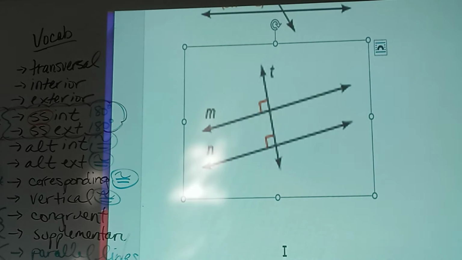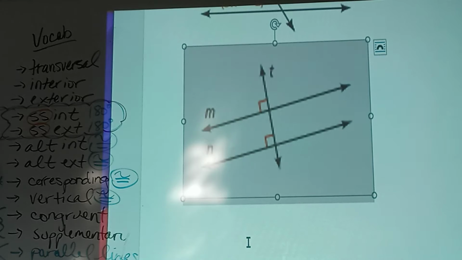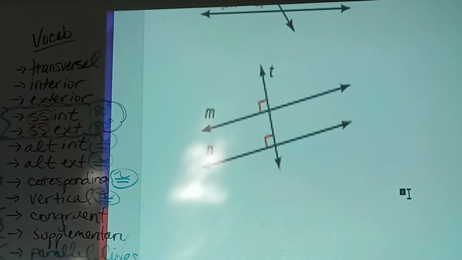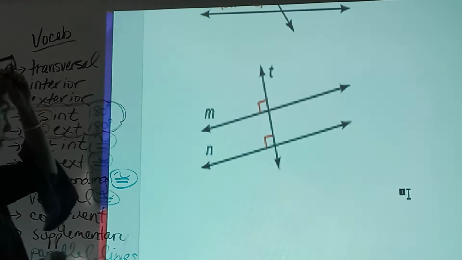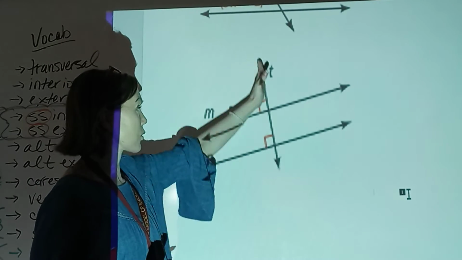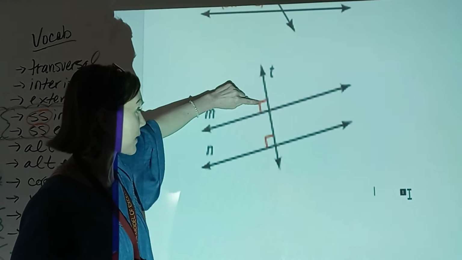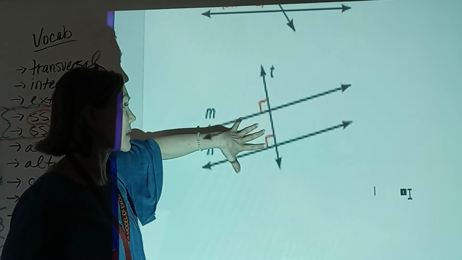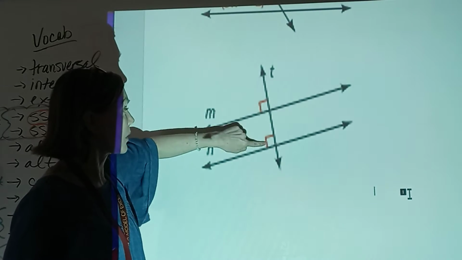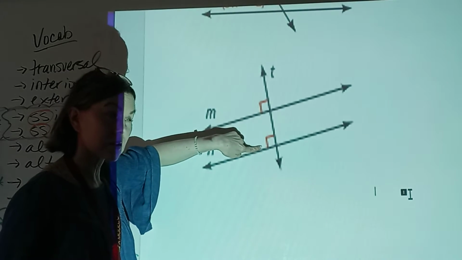Clearly you can see, guys, that we have two parallel lines, M and N, cut by transversal T, and we've got the box and the box. That basically tells you that both of these are 90-degree angles, okay?